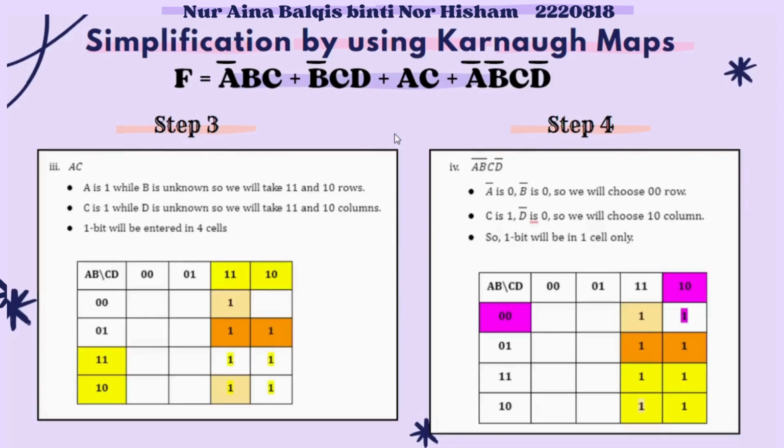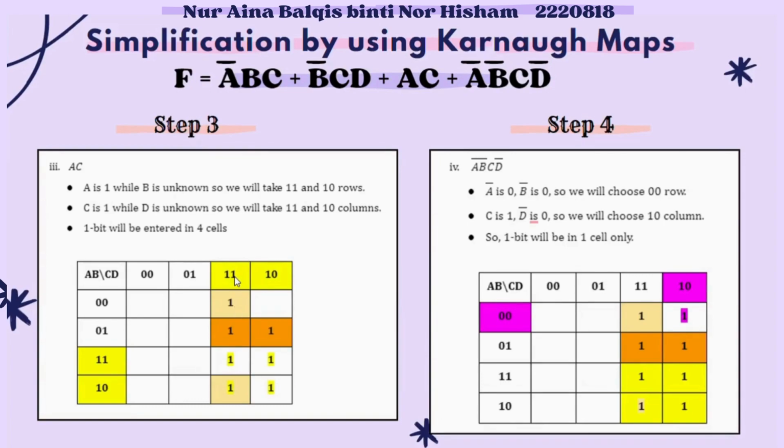And then step 3, AC. A is 1 while B is unknown. So we will take 1, 1 and 1, 0 rows because A is 1 but B is unknown. So we will take both rows as a possible answer. So we will highlight these 2 lines.